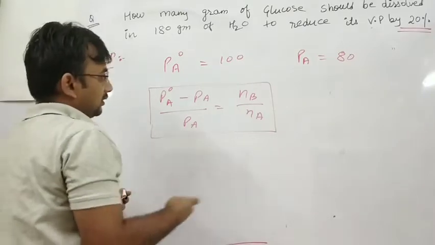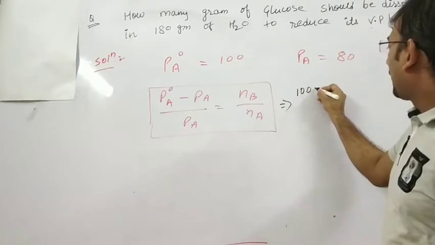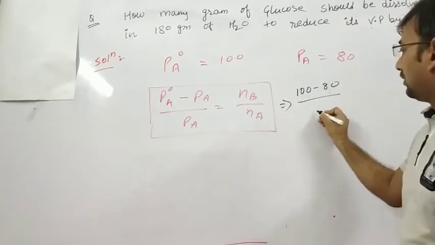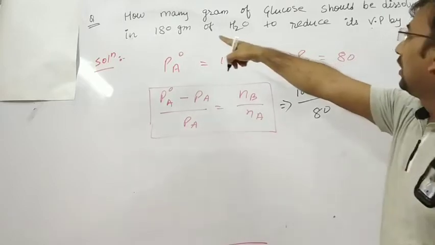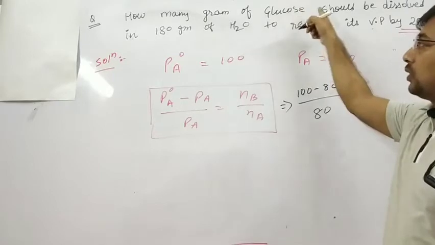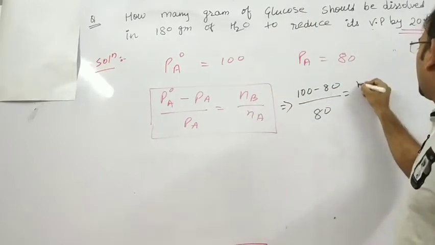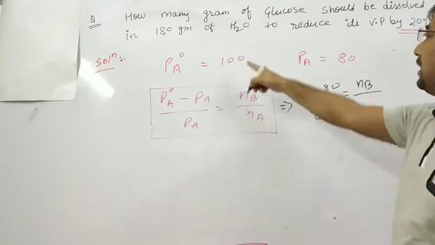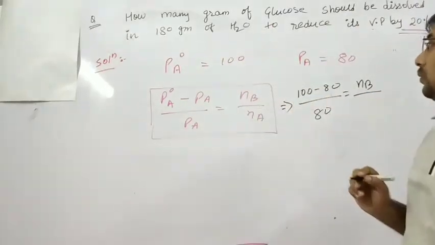What will we get? Here we will get (100 minus 80) divided by 80 equals the number of moles of B divided by the number of moles of A. How many grams of glucose should be added? That means the solute is not known, so the number of moles we cannot calculate. So here we will write NB divided by NA. NA means solvent, 180 grams of water.